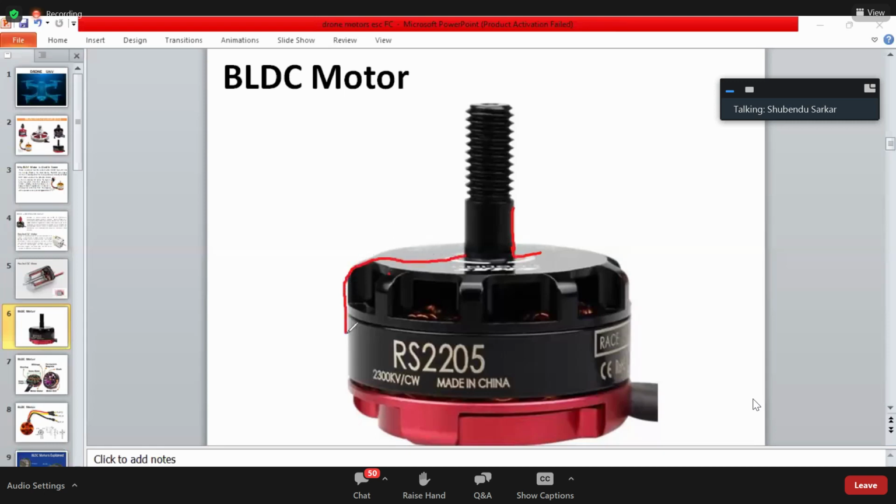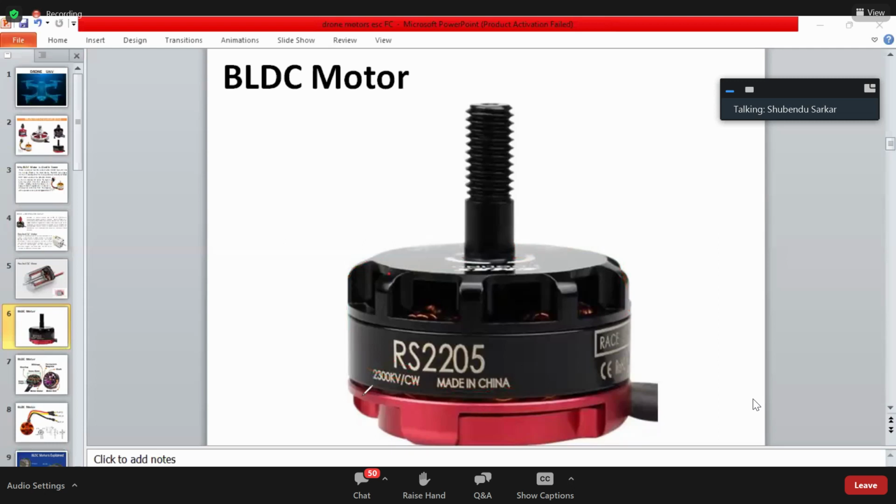So who's going to rotate? The entire outer body is going to start rotating. That is the first point we have to understand. This shaft will rotate definitely, but along with the shaft, the entire outer body starts rotating. Remember that point.